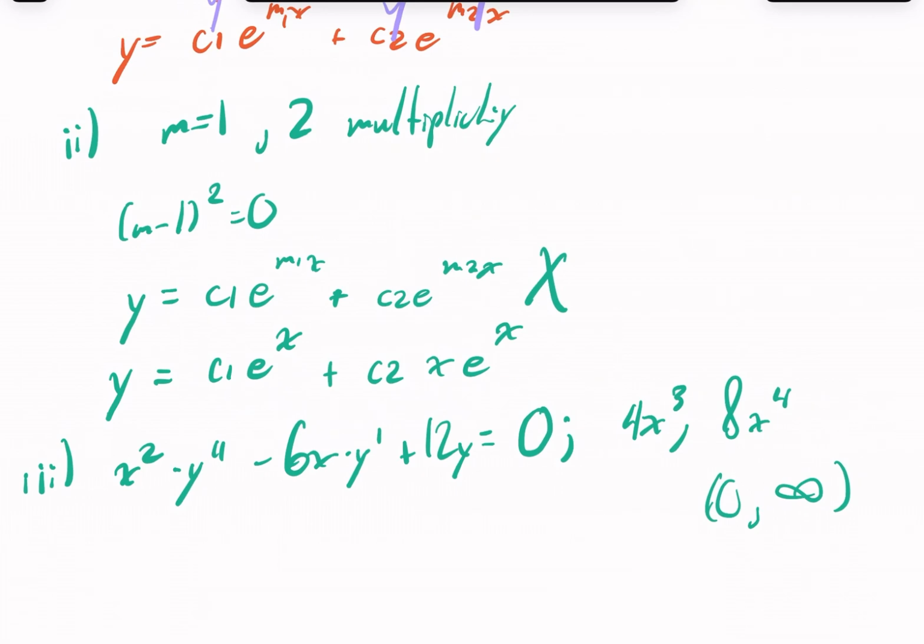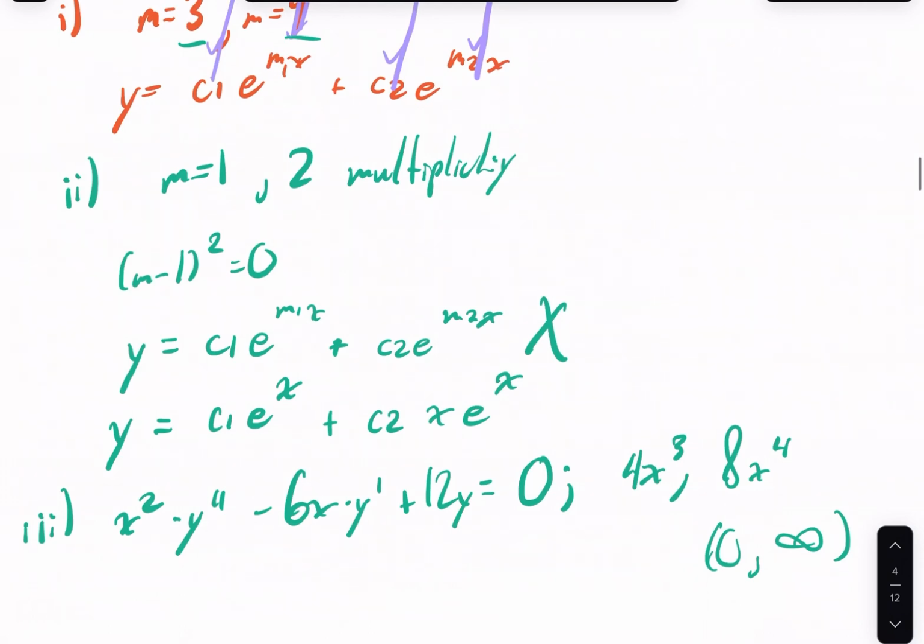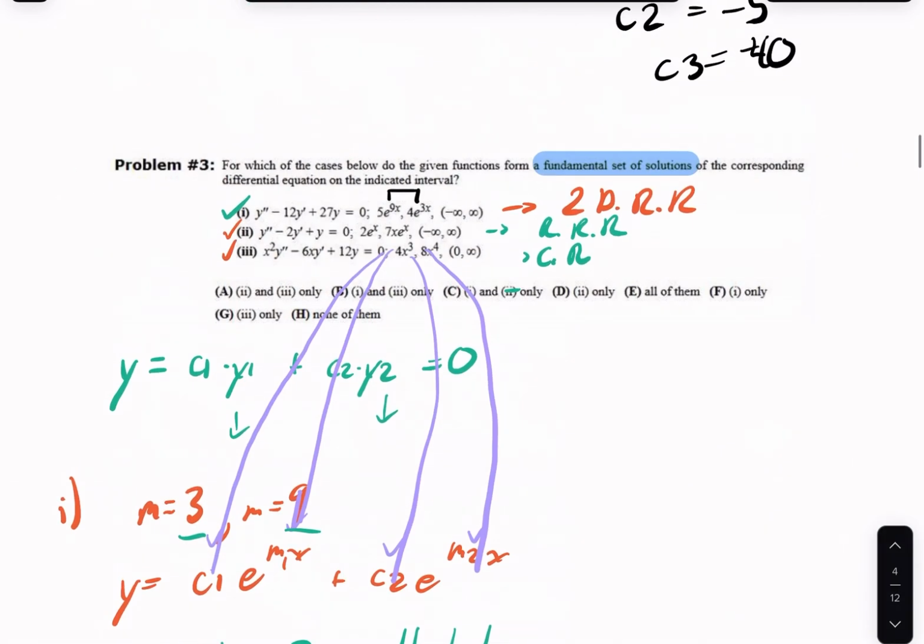Okay? So, with that being said, I look at what I got right here, and then I draw comparisons to the proposed ones. I'm like, okay, they're both to the 1x, cool. This one has an x next to it. And the numbers I don't care about. This is also good.